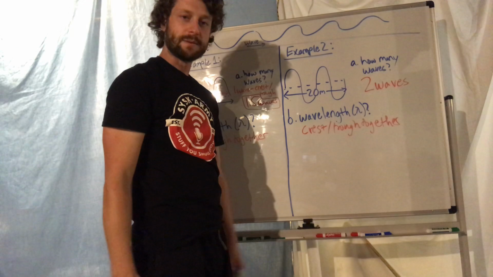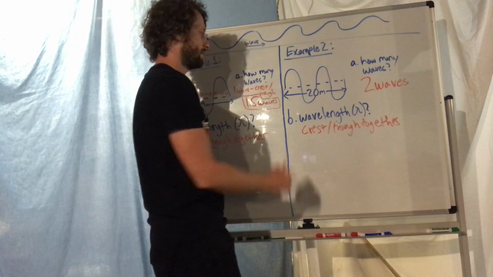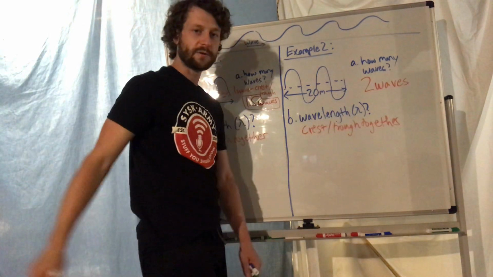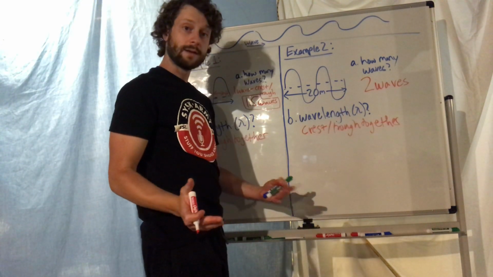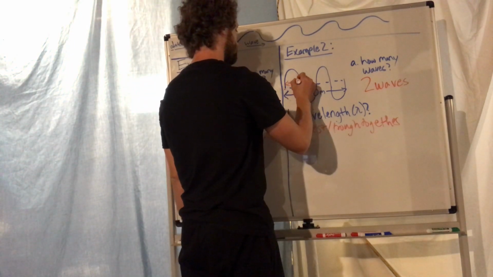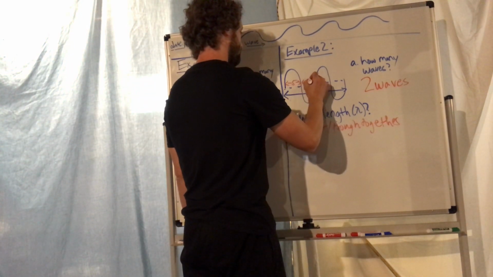So remember our 2-step strategy for finding wavelength. Find the length of each of these 4 parts. First, you could do 20 divided by 4, and that gives you the length of each of these parts, which is 5.